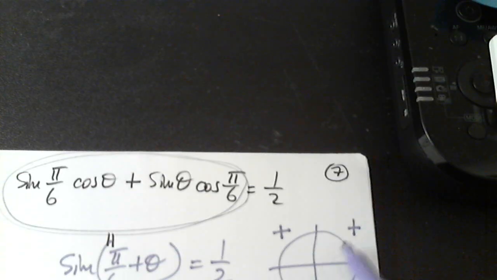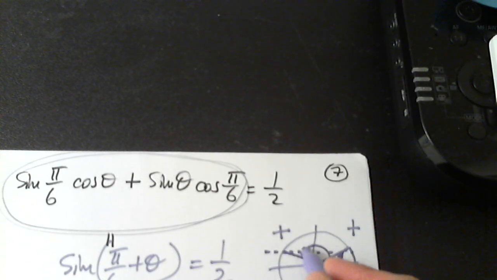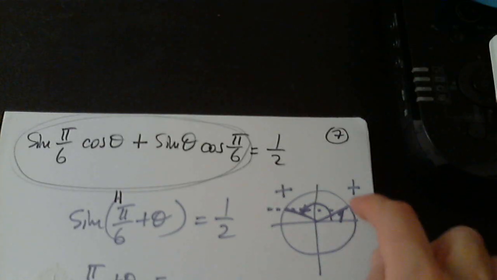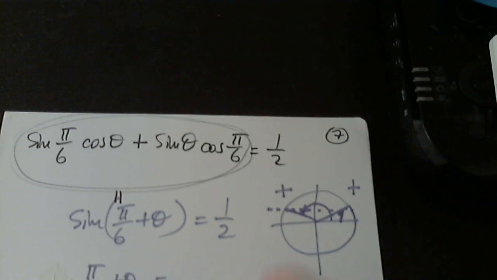So one here and the same height, one here. Which angles are those? Whose sine is 1/2 in the first quadrant and whose sine is 1/2 in the second quadrant?